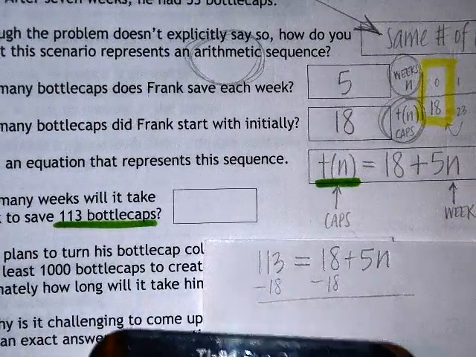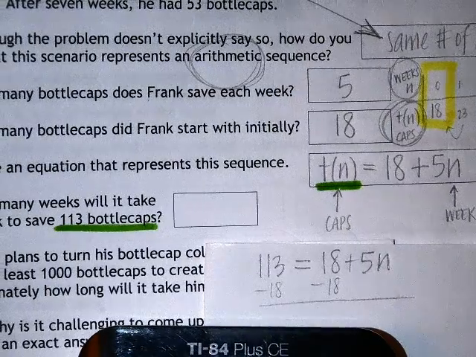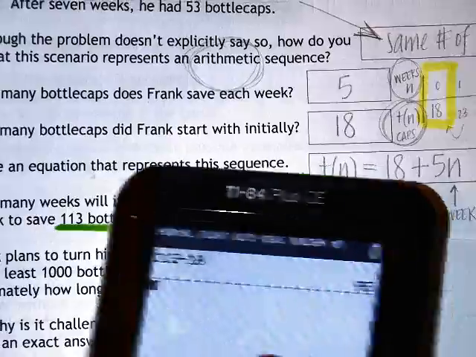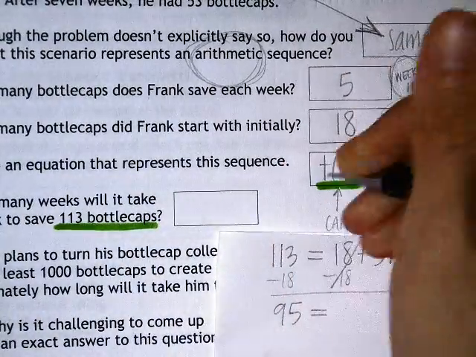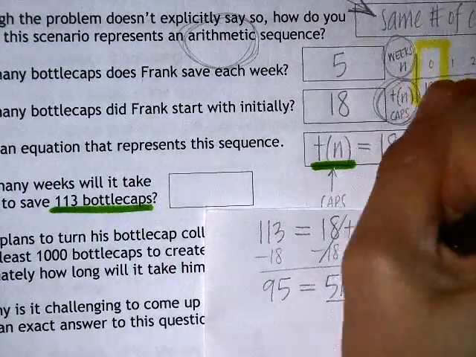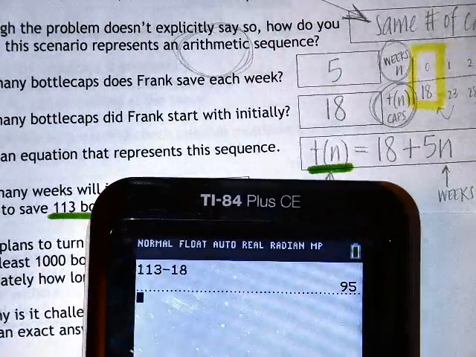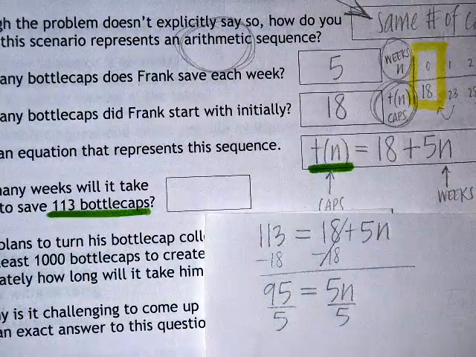Now, 113 minus 18, I'll just do a quick subtraction with my calculator. 113 minus 18 would be 95. So I'll have 95 equals, those cancel, 5n. And now if I divide by 5 to get n by itself, I can again do a quick calculation. 95 divided by 5 is 19.